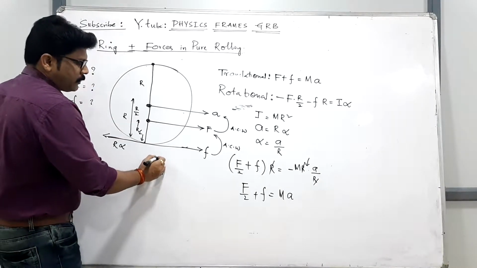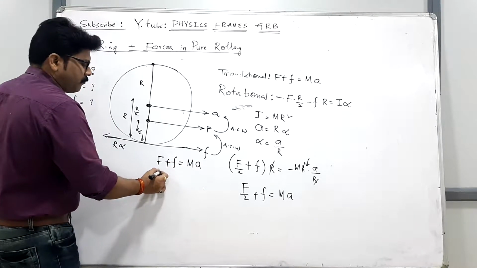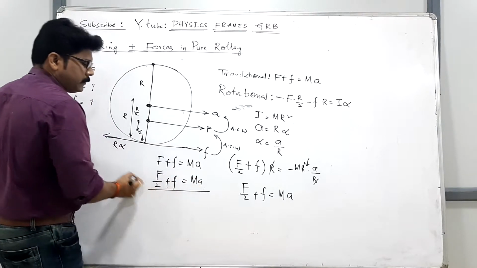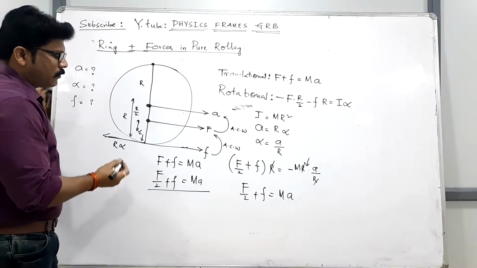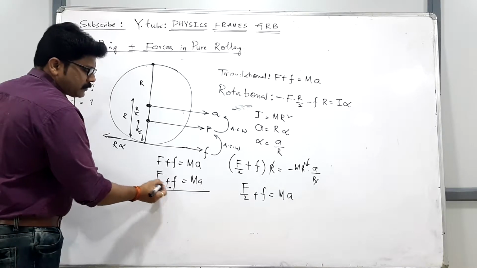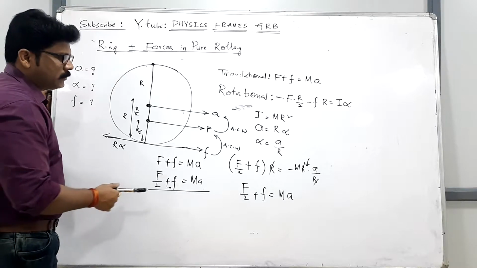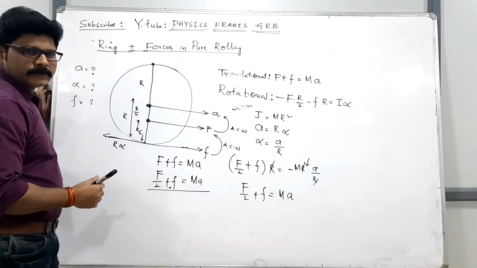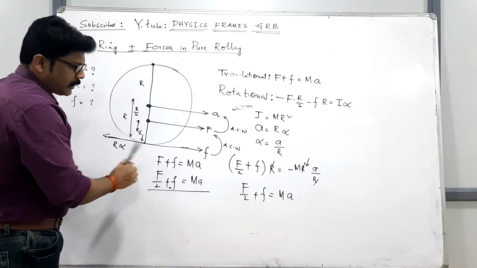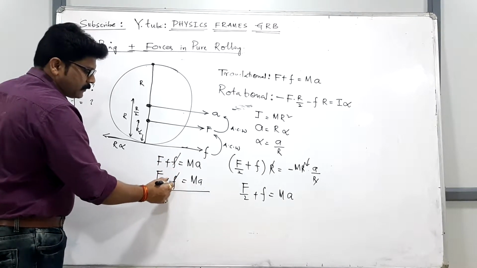So this is the first equation, and this will be the second equation. From equations 1 and 2, F plus f equals M into A, and F by 2 plus f equals MA. If I subtract, can you tell me what I will be getting? We are trying to calculate the acceleration, so these two will get cancelled.